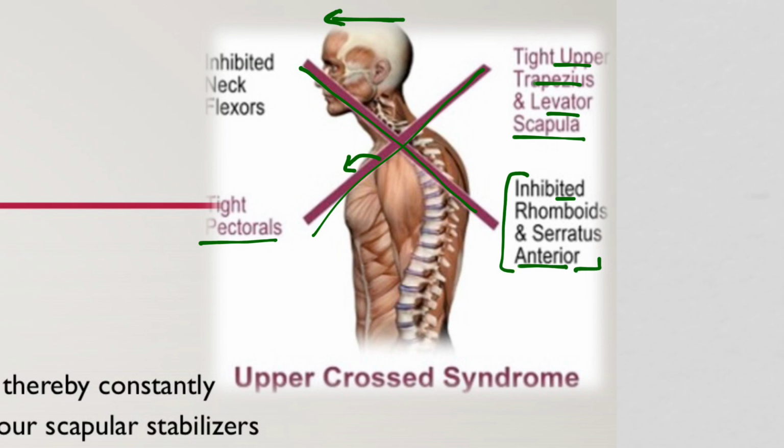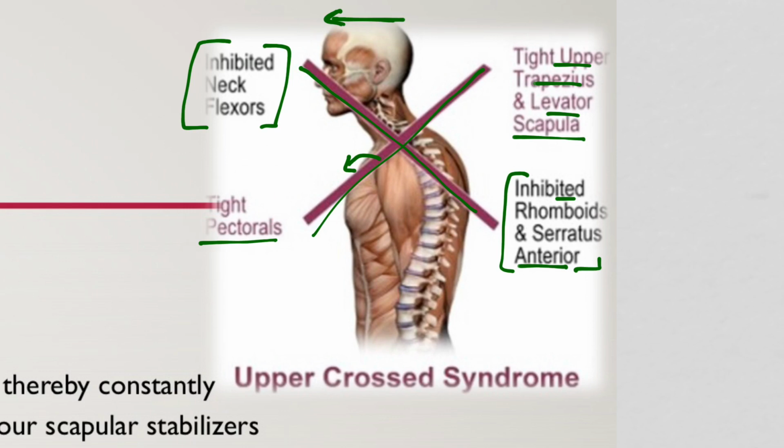And then anteriorly, we have the neck flexors being inhibited, which goes back to when we rehab, when we're trying to create stability about the cervical spine, it will become important to work on strengthening, right? We're strengthening this group of muscles, the neck flexors, and this group of muscles, the rhomboids, serratus anterior, and lower and middle trap will also be a part of that strengthening. And then we're going to do a lot of stretching of these two muscle groups.